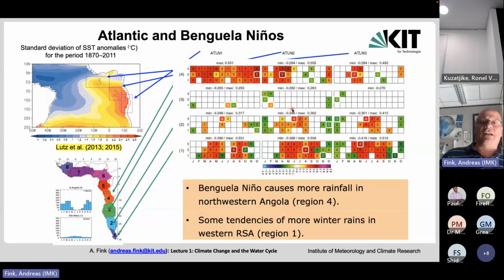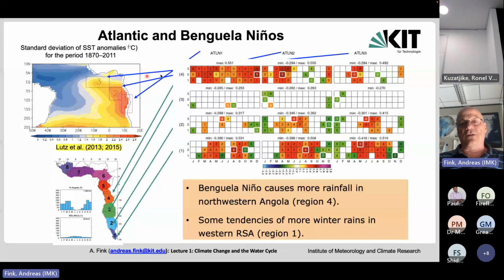When we go to the Atlantic Ocean, there is one variation of sea surface temperature to mention. It's called Atlantic and Benguela Niño. Usually you have cold waters in the mean, but during Atlantic Niño, warmer than average waters are observed in region 3 at the equator, south of West Africa.